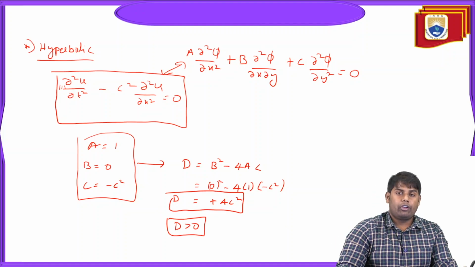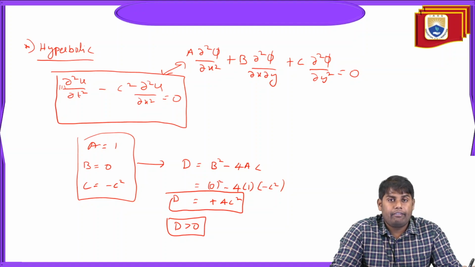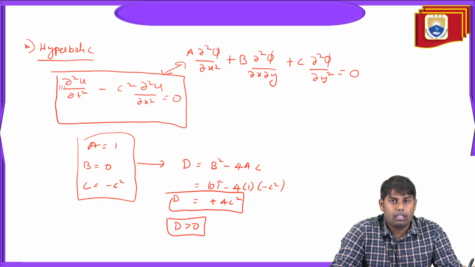In the tutorial question, we have seen the classification of PDEs for elliptic, for parabolic and for hyperbolic. Here we have discussed the unsteady heat conduction equation, the Laplace equation and the second order wave equation.